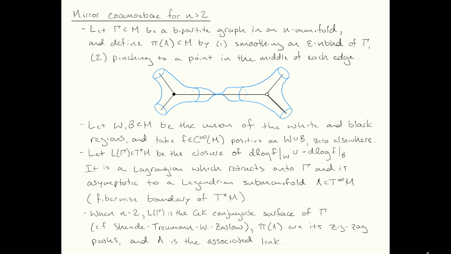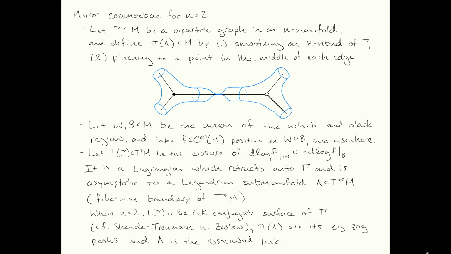T star M is non-compact, its fibers are vector spaces, the cotangent fibers. Imagine compactifying it with a sphere at infinity. Then it makes sense to have a non-compact subset of T star M, like this L, and I can look at its closure in the boundary of that compactification. That is going to be some nice submanifold of this boundary.